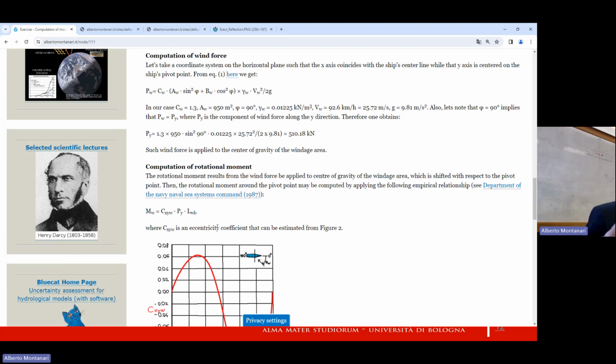Now, the decomposition of this wind force plus rotational moment into mooring forces along elastic lines, as I told you, is a classical procedure of structural mechanics, which requires quite a strong background, quite a long theory of structural mechanics.